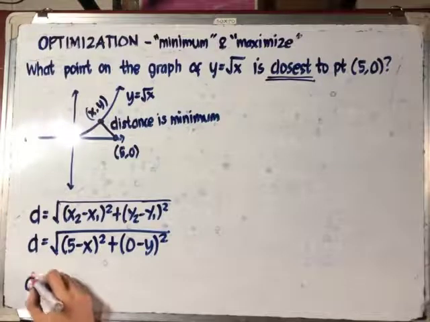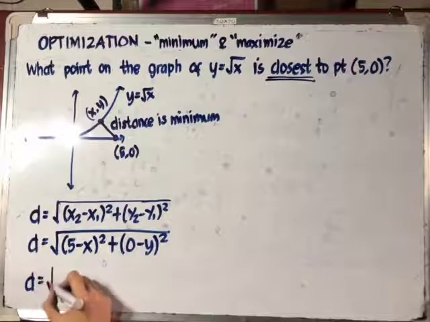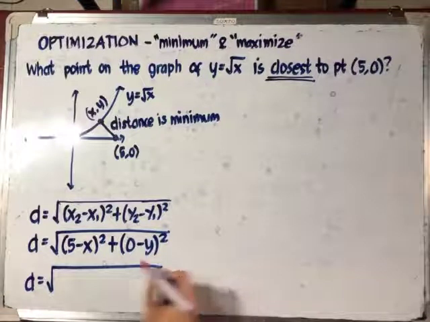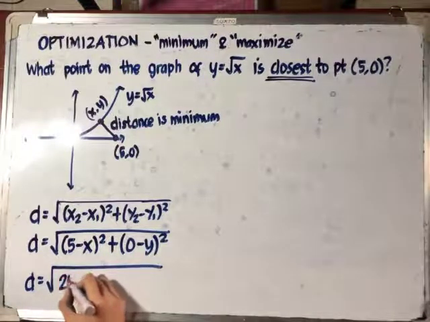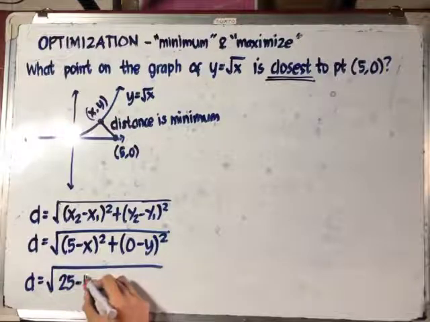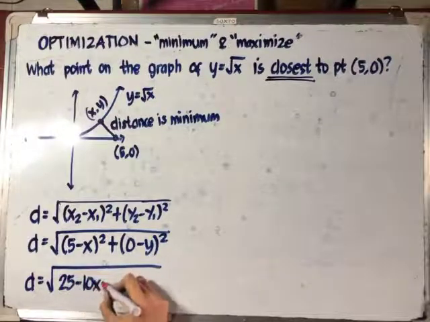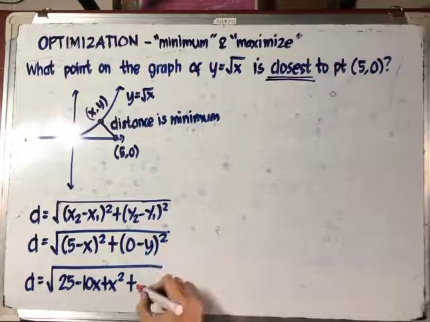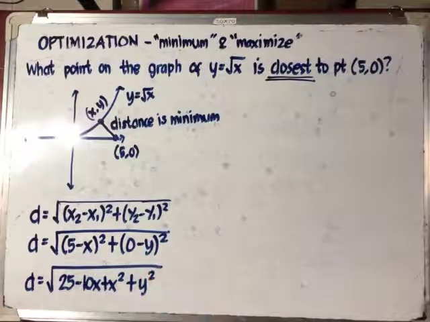Let's simplify what's inside our square root. We have 25 minus 10x plus x squared, plus on this other side we only have y squared.